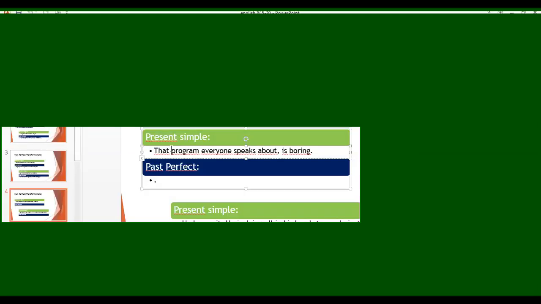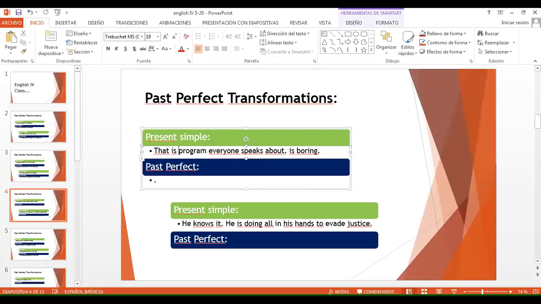Going back, past perfect again, but let's identify what changes we have. That is the program everyone speaks about.